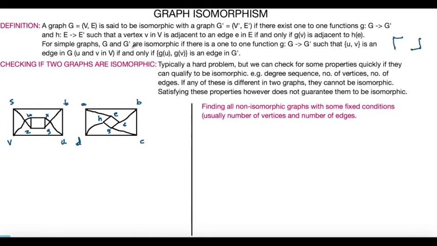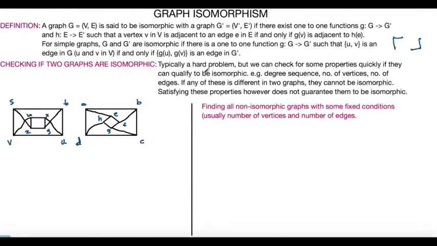G and G prime are isomorphic if there's a one-to-one function from G to G prime such that uv is an edge in G, where u and v are in this V set, if and only if that function applied on u and that function applied on v makes an edge in G prime. We'll see an example of how this definition comes into play, but in general this is a hard problem to solve.